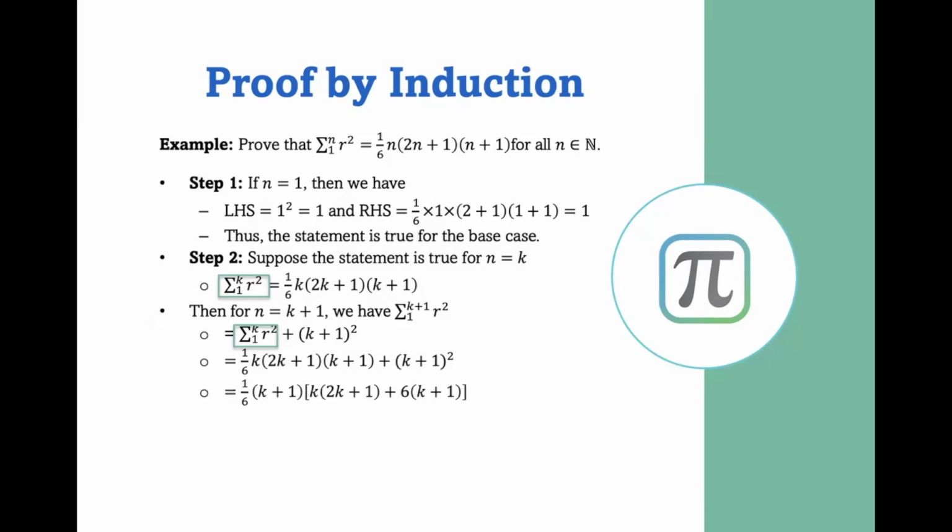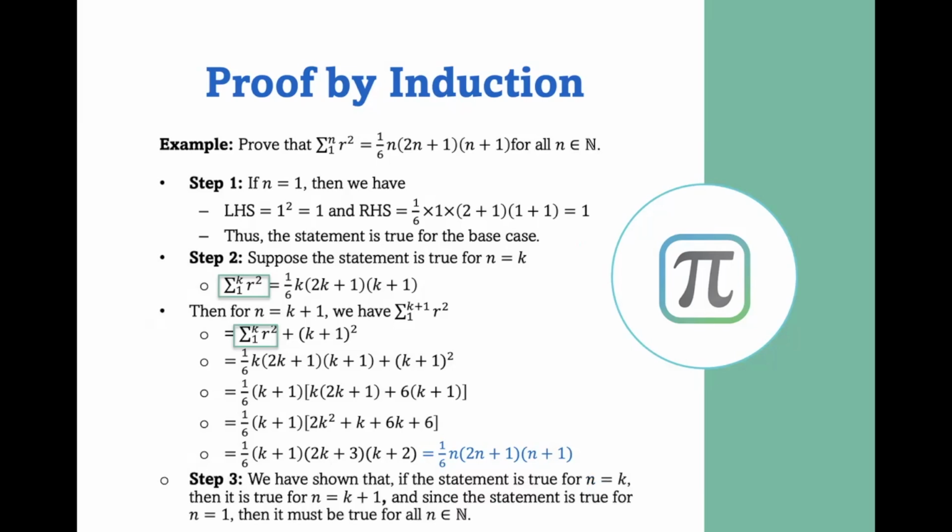Then we can rearrange this expression so that we get an output that looks like the equation on the right-hand side at the beginning of the example. So we have 1/6 times (k plus 1) times (2k plus 3) times (k plus 2), which, if n equals k plus 1, equals 1/6 times n times (2n plus 1) times (n plus 1).